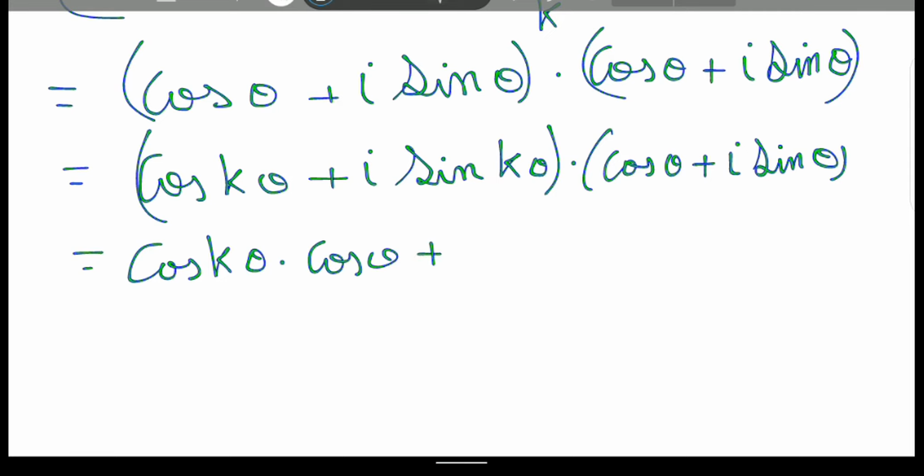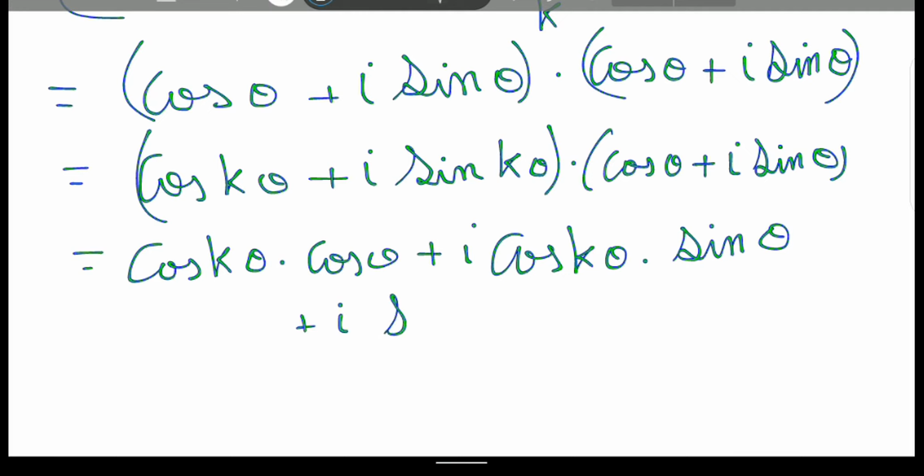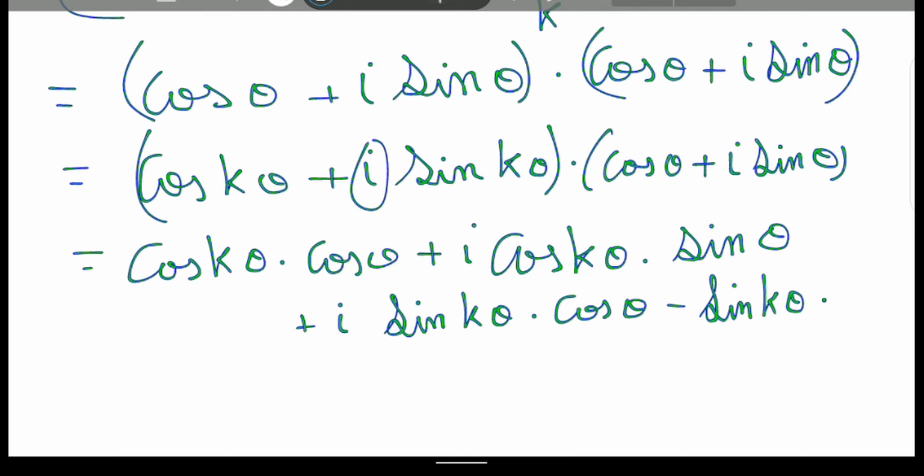Again, cos k theta into i sin theta, that is equal to i into cos k theta sin theta, plus i into sin k theta into cos theta, and then i into i gives you i squared, and i squared is minus 1, so minus sin k theta into sin theta.